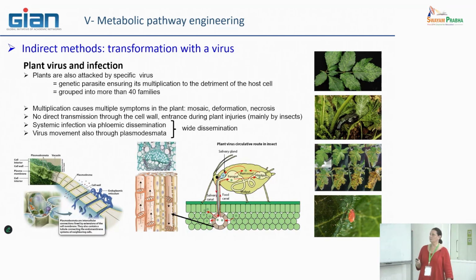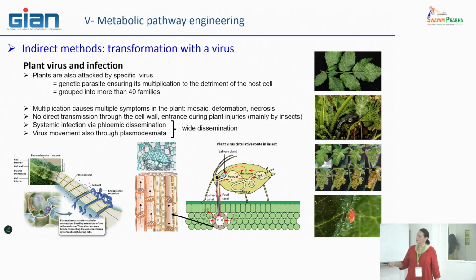Because when the virus has penetrated through the canal of the insect, it's easy for it to diffuse all over the plant because it is directly injected in the phloem. The phloem is circulating everywhere over the plant.